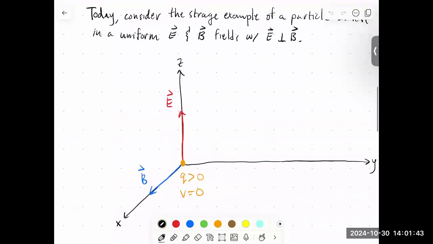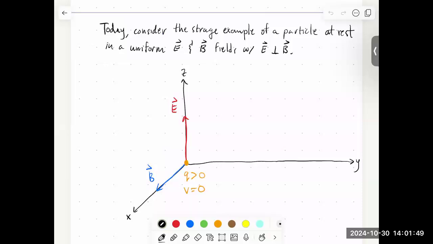And so the problem that we want to think about is this one. We want to consider a particle that's at rest. And so here it is. I put a charged particle, Q is positive. It's sitting at rest at the origin of this coordinate system.